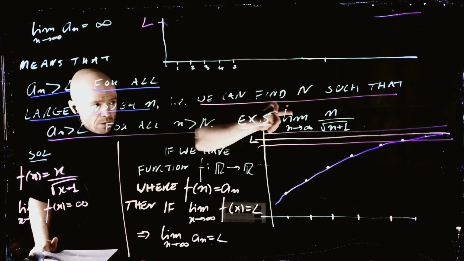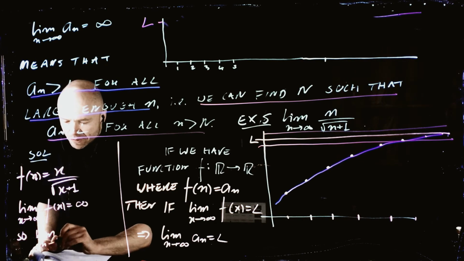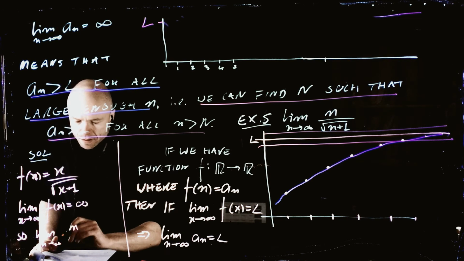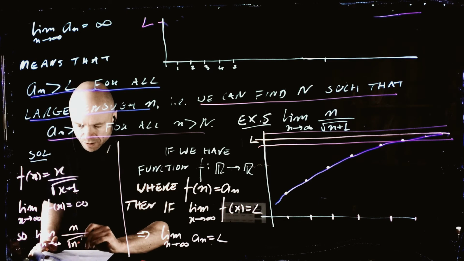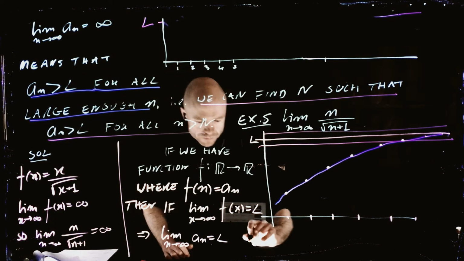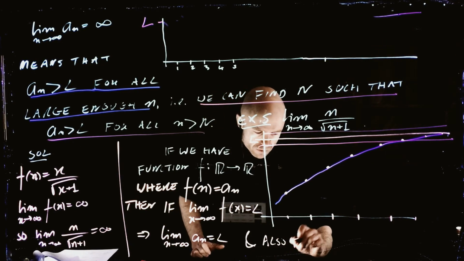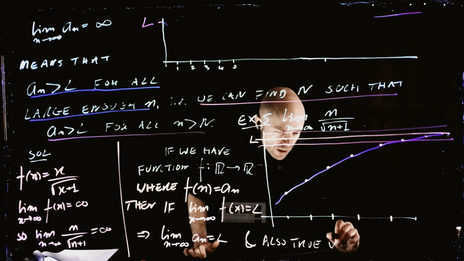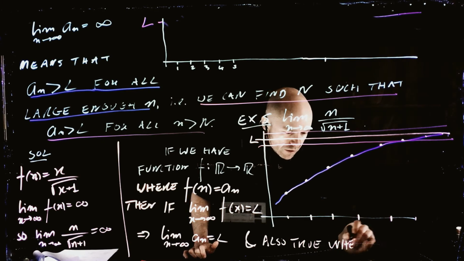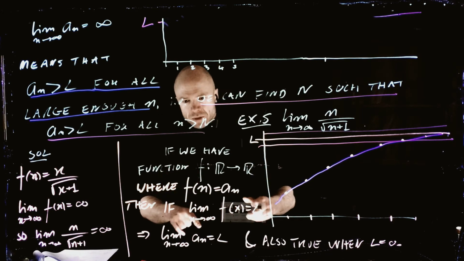And therefore, the limit as n goes to infinity of our particular sequence, n over the square root of n plus 1, is equal to infinity. Because this is also true when n equals infinity. And again, when the limit equals infinity, we don't say that the limit exists.